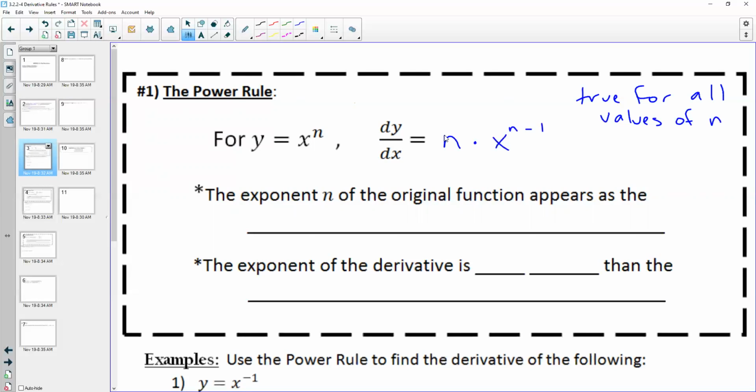Okay, so the exponent n of the original function appears as the coefficient of the derivative. And the exponent of the derivative is 1 less than the exponent of the original function.